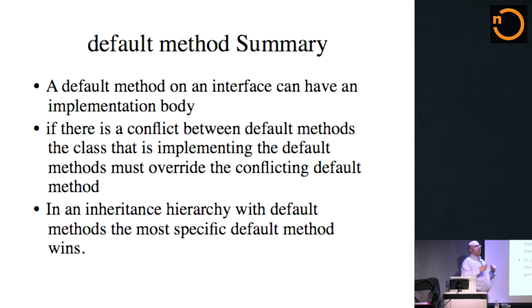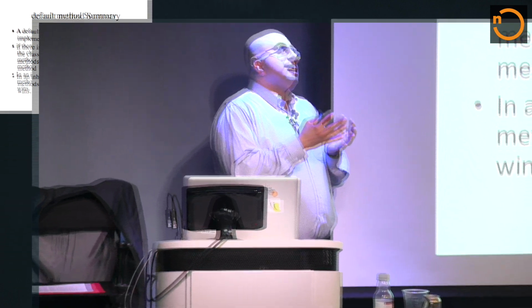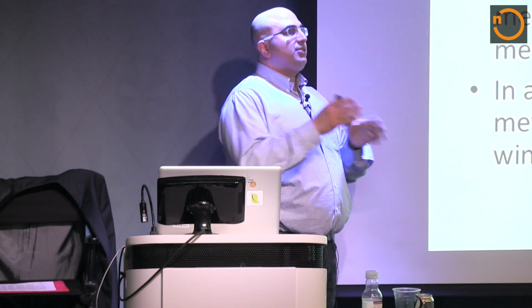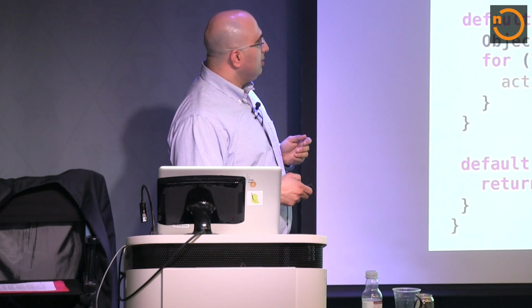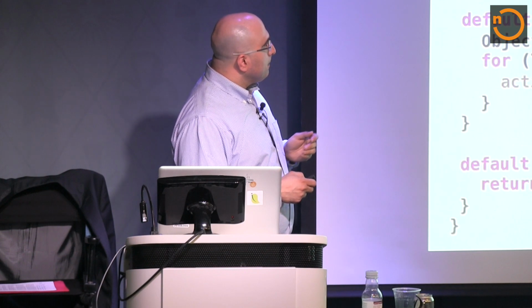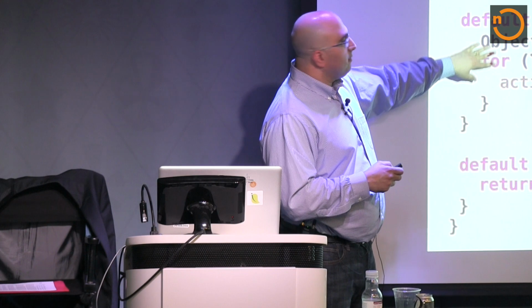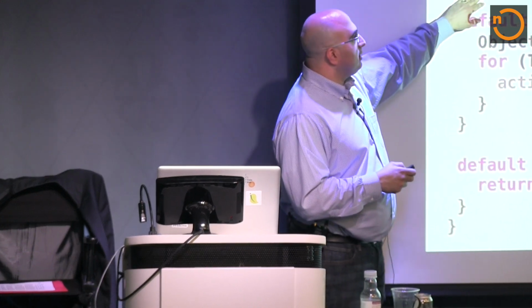The question was, does the default method have access to this? The answer is absolutely not, because, well, actually, hold on. Does it have access to this? Yes. It has to have access to this because you can call methods that are defined on the interface. So you can have one default method call another one. If we go back in time to the Iterable here, inside of the forEach method, you could have called another method that was defined here.